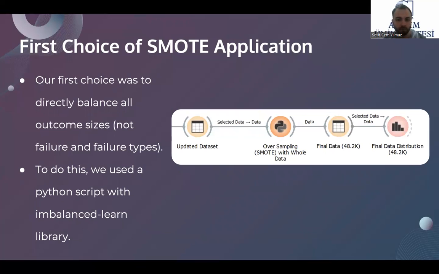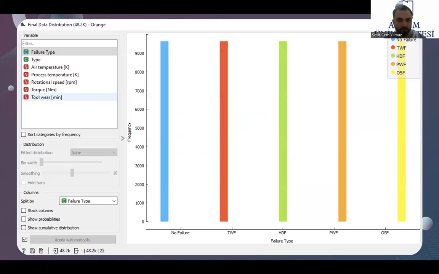Next, please. In the first choice, we used a little Python script in Orange to use SMOTE functions from the imbalanced-learn library. When we do that, we obtain 20% equal data distribution, which includes no failure and failure types. After oversampling, we obtain 40. Next slide, please.